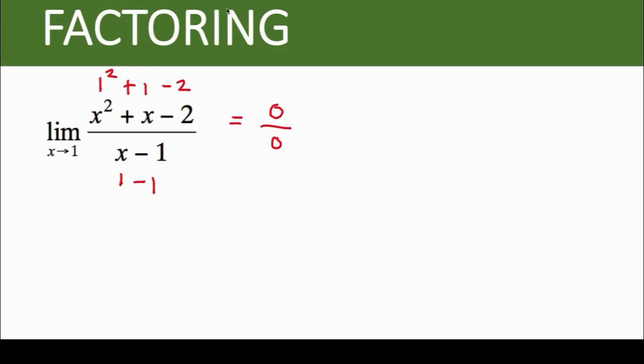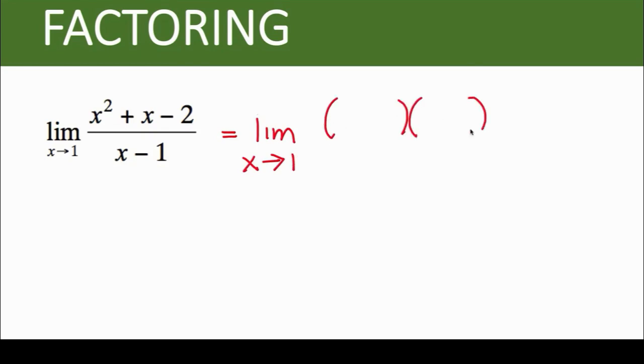So the other method that we can use here is factoring. We use the factoring method if direct substitution will not work. So what we have now is the limit as x approaches 1 of the factors of the numerator over x minus 1, provided x minus 1 is not equal to 0, or x is not equal to 1. This is not a problem here because we are only approaching 1. We are not getting f of 1.